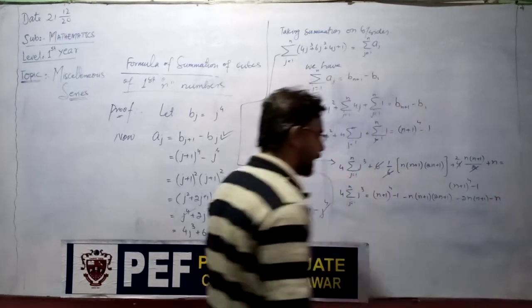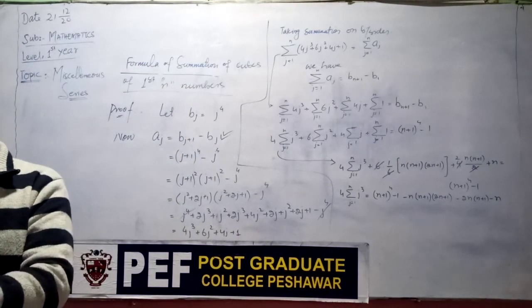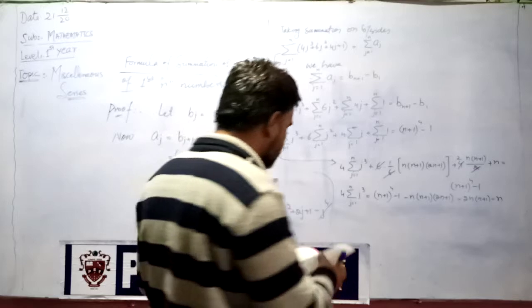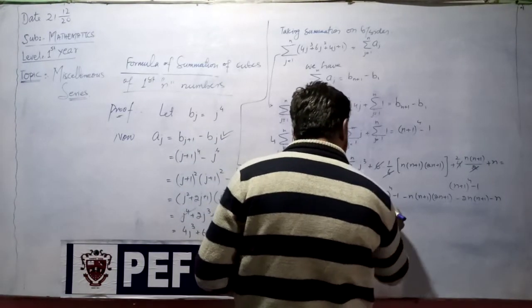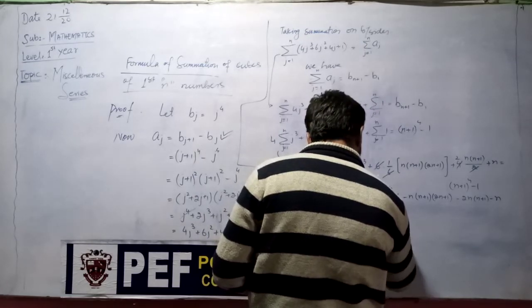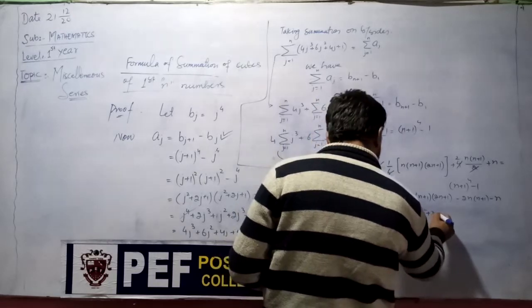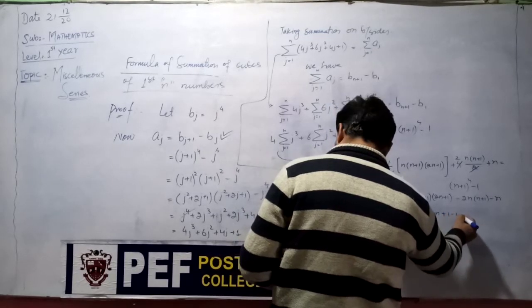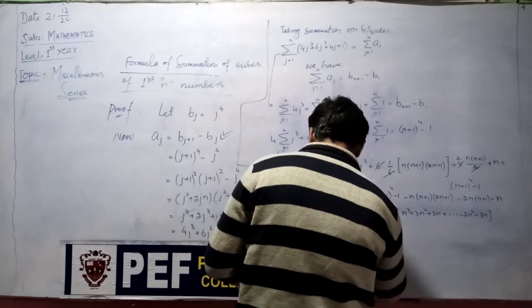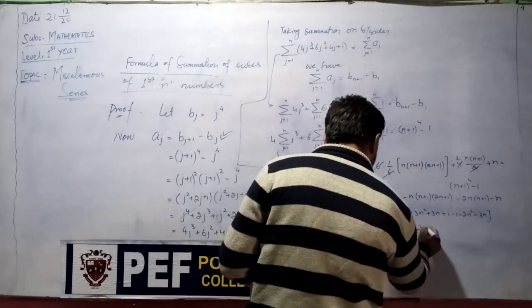On simplification, you can easily find out that we are left with n plus 1 into n cube, 3n square, 3n plus 1 minus 1, minus 2n square minus 3n, and further we get n plus 1 into n cube plus n square.